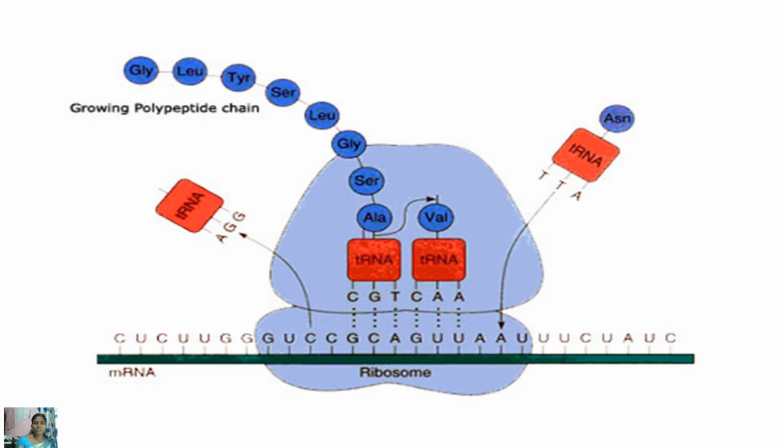This picture shows the translation process. Here you can see the smaller subunit, the larger subunit, and the mRNA. The codons present in the mRNA are decoded in the ribosomes. According to the codon, the tRNA molecule brings the new amino acid residue, which forms a peptide bond with the already present amino acid at the site of peptidyl transfer, which we also call the P site.